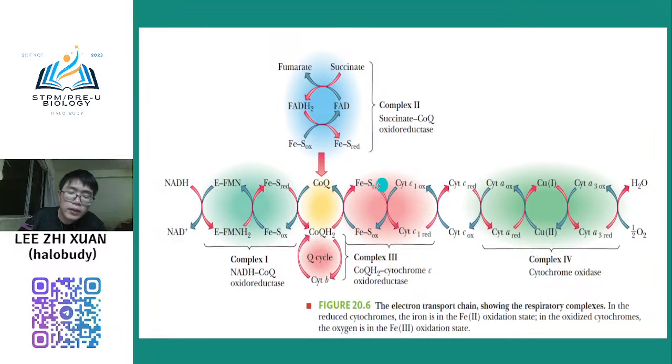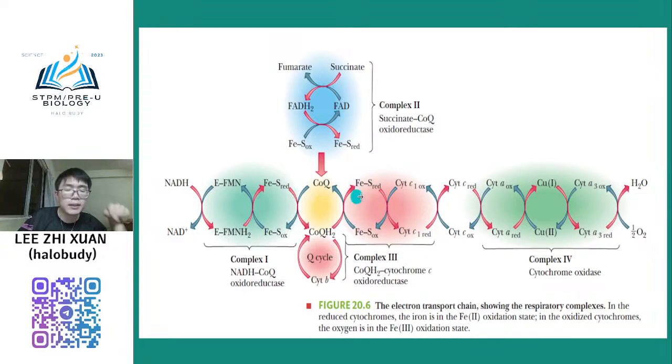Memang dia akan oxidize, lepas tu coenzyme Q will undergo oxidation again, transfer electron to this FeS. And then FeS will transfer electron to cytochrome C1. After that, cytochrome C1 will transfer electron to cytochrome C, cytochrome A, copper ion, cytochrome A3.